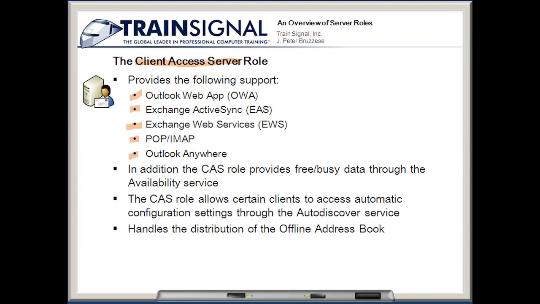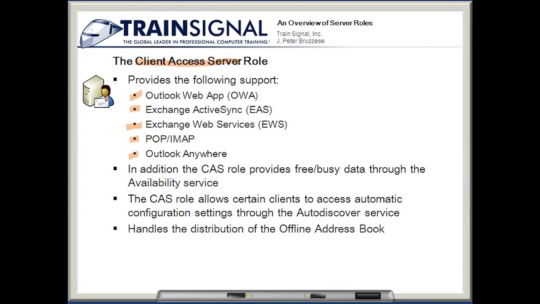So if you're setting up a server that is only going to give POP or IMAP support, well, it's the client access server that provides those services so that a person can still have a mailbox, but ultimately they're going to connect up and pull their mail down, and they won't get all the extra bells and whistles that comes from being a MAPI client.